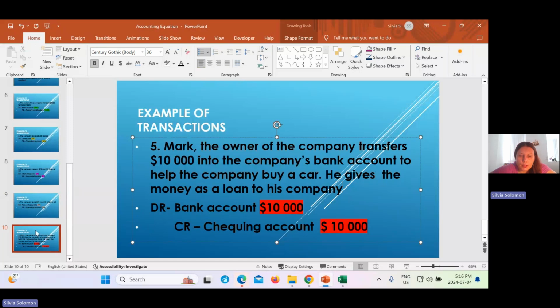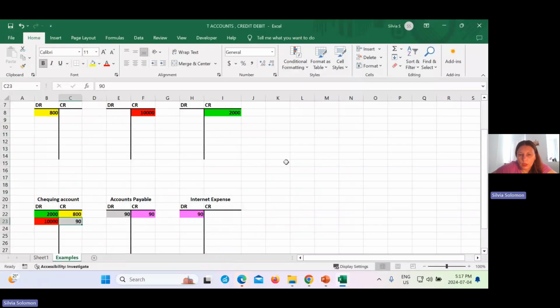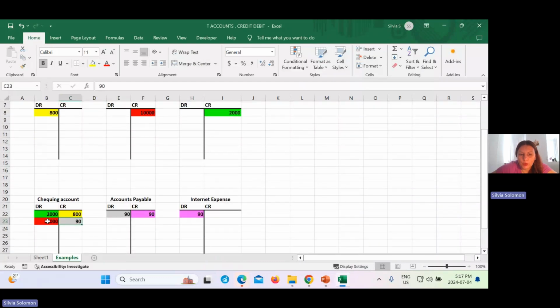And we're gonna credit the liability loan from Mark for $10,000. Okay. So debit equals credit.